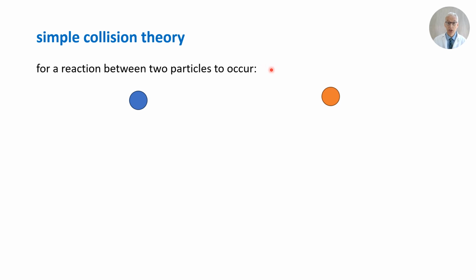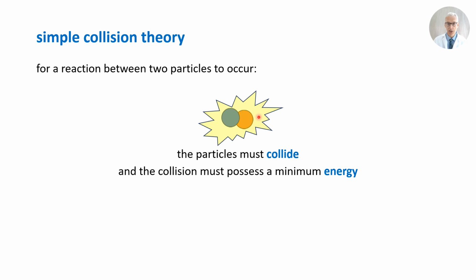For a reaction between two particles to occur, simple collision theory uses two main ideas. The first one is that particles must collide. The second one is that the collision must possess a minimum energy.